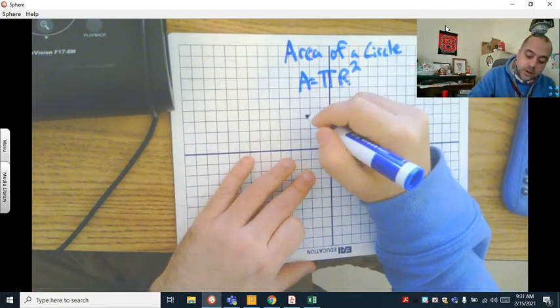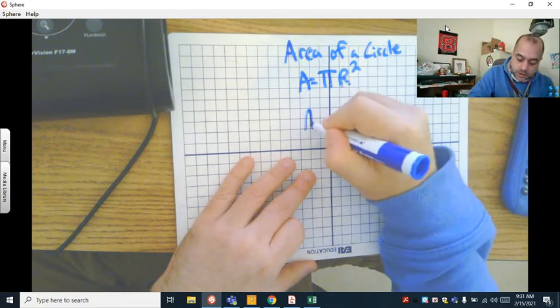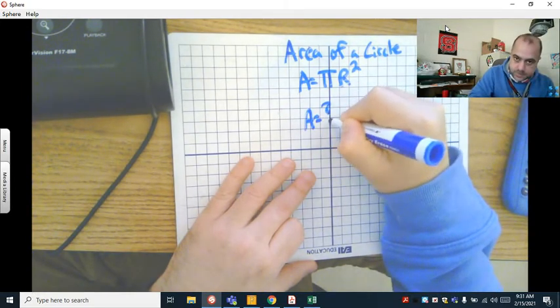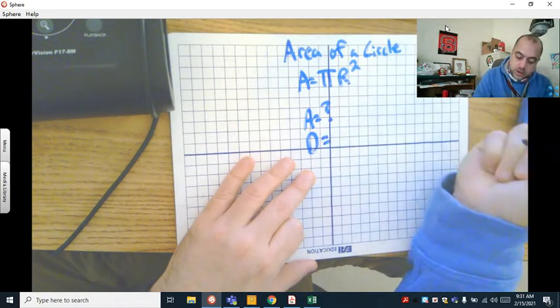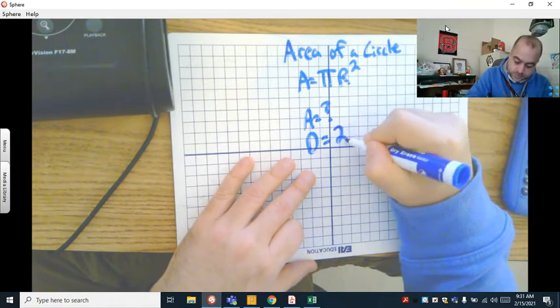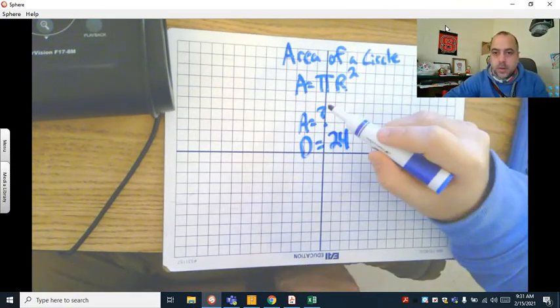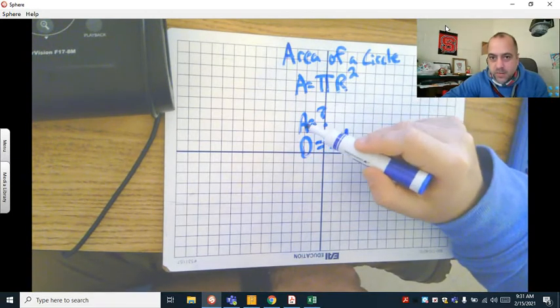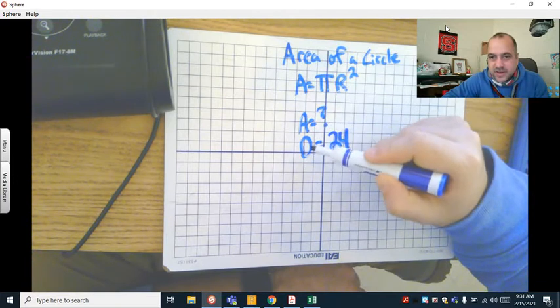Alright, so let's say that you want to know the area if the diameter is, let's say, 24. Let's think about this one. Look up here at our formula. If we're finding area, we need to know what the radius is. But this is the diameter.